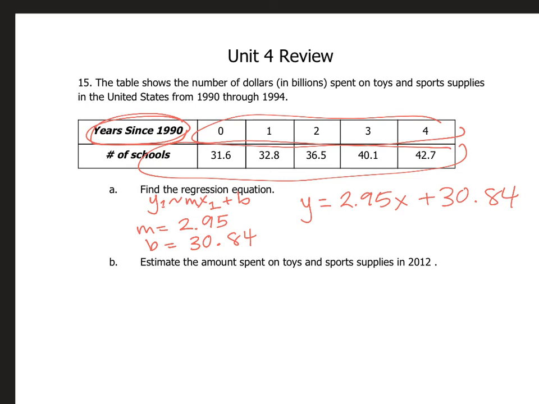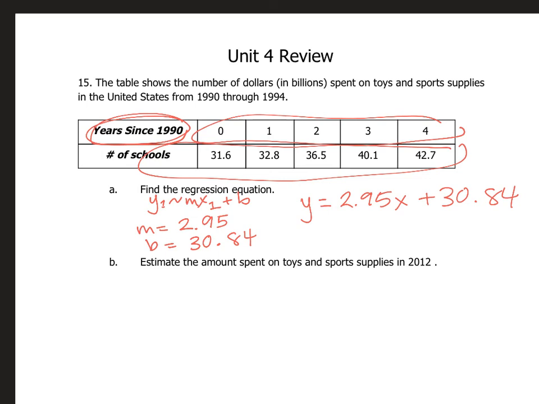So if I was to go from 1990 to 2012, that is 20 years. You could just put that in your calculator, and you'd realize that is, I'm sorry, 22 years. So what you need to do is plug in 22 for X, and this is an estimate of what is spent on toys and sports. So we need to make sure we're plugging in 22, not 20.